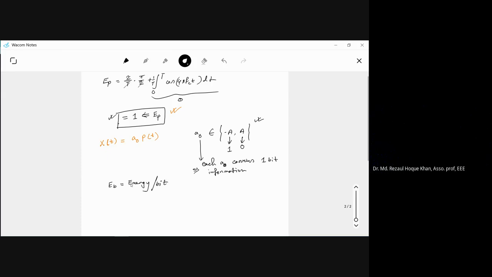This Eb is constant across the scheme. It's either 0 or 1, but each bit contains this amount of energy with BPSK. So it's constant across the scheme.